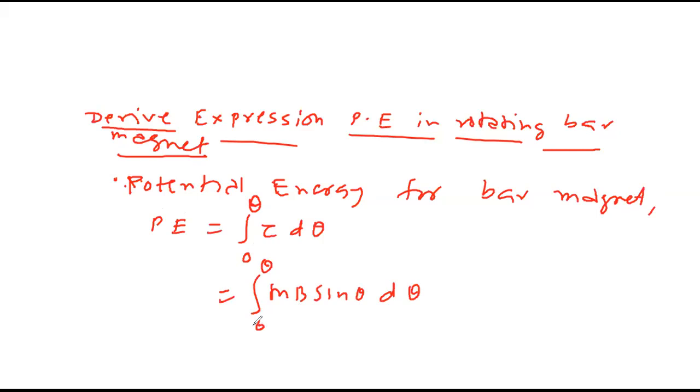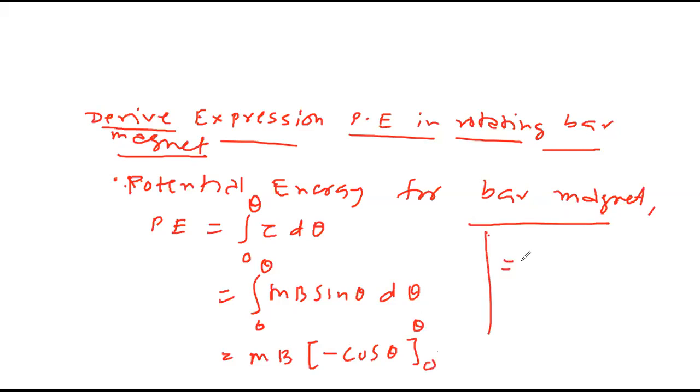0 means we have assumed that initially it is in the direction of the field. So this will become mB. What is the integration of sine theta? Minus cos theta, from 0 to theta. So this will become minus mB, cos theta minus cos 0.